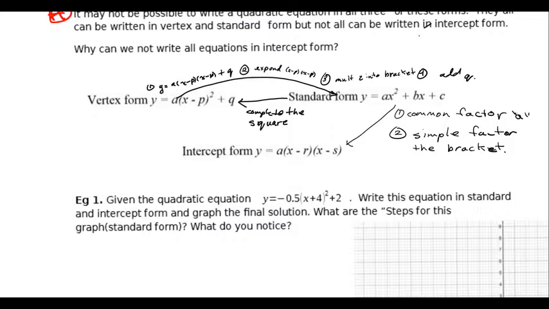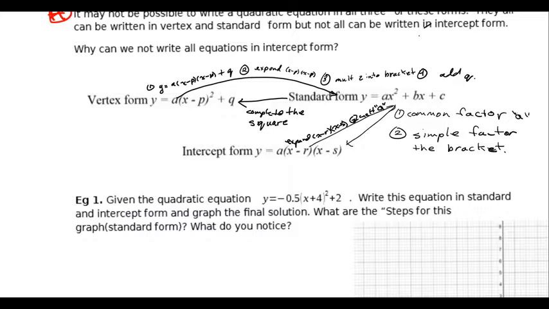To go back the other way, you just reverse everything. So in this case, you're going to start with 1, you're going to expand (x - r)(x - s), and then you multiply by a, and you get the original standard form.